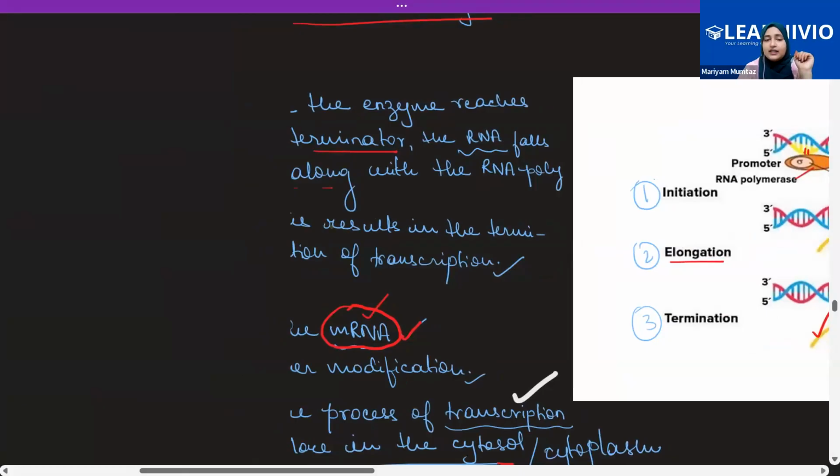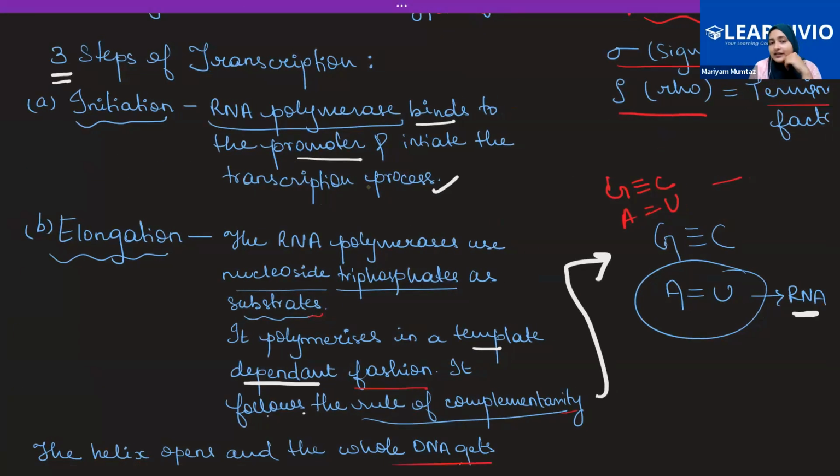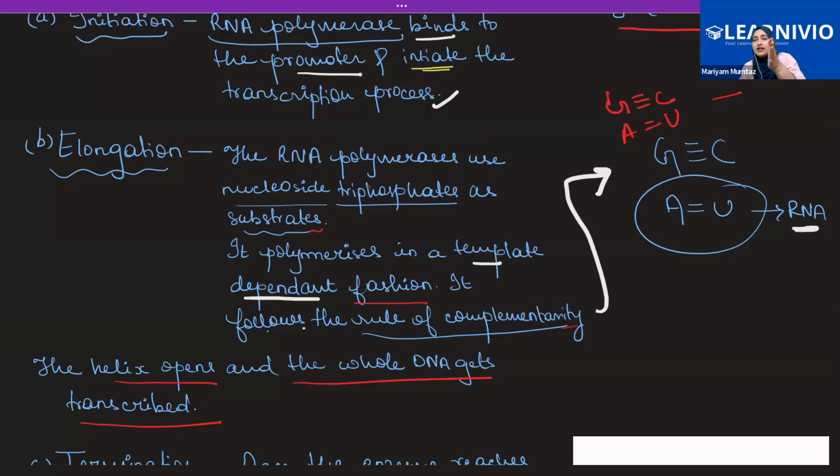Coming on to the text, let us see. So first there is initiation. The RNA polymerase enzyme will bind to the promoter area and it will initiate the process of transcription. Elongation, the second step: the RNA polymerase is going to use nucleoside triphosphate as substrate and it will start polymerizing in a template-dependent fashion. Template-dependent fashion means on the DNA molecule.